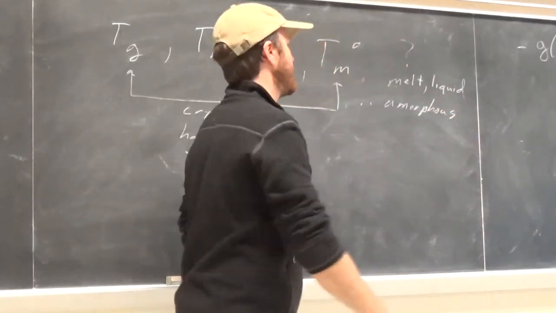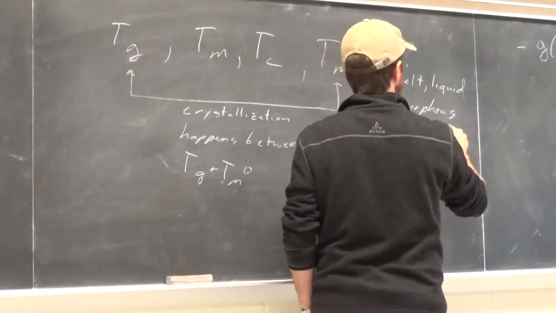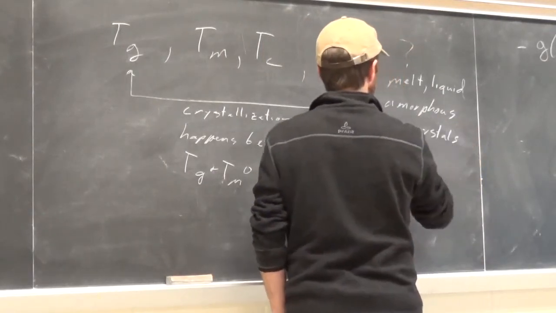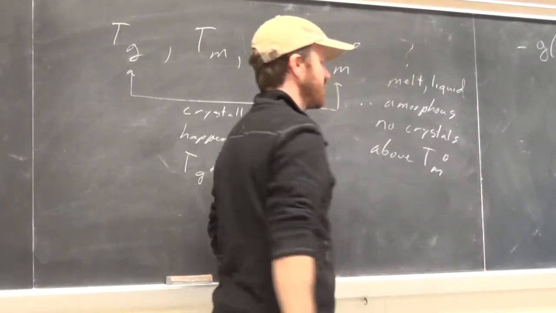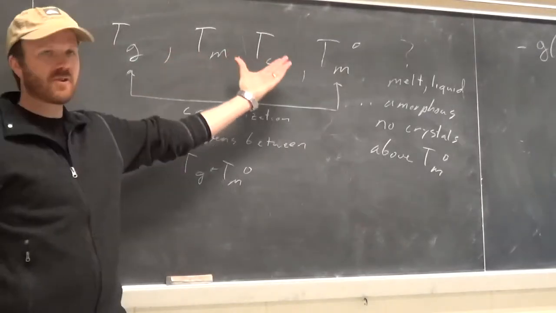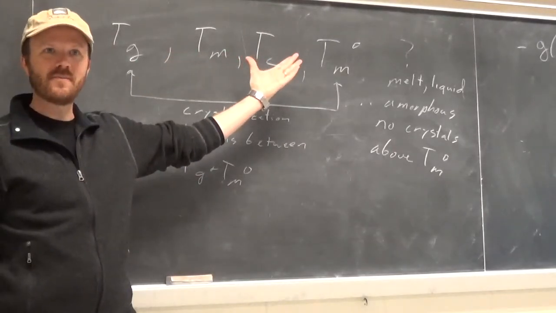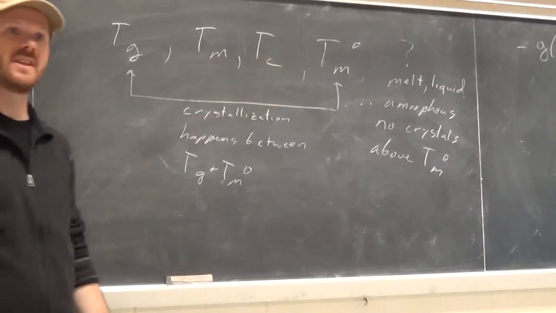No crystals, right? Because we're above TM0. So we crystallize in here, right? So the crystallization temperature is called TC, where we crystallize.